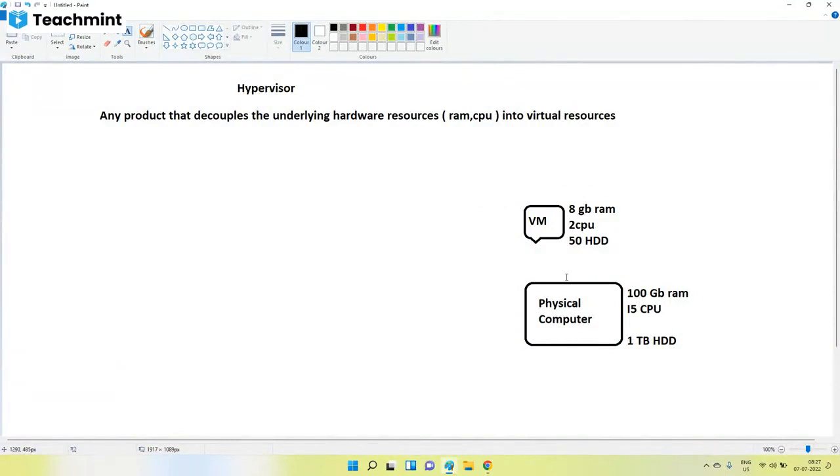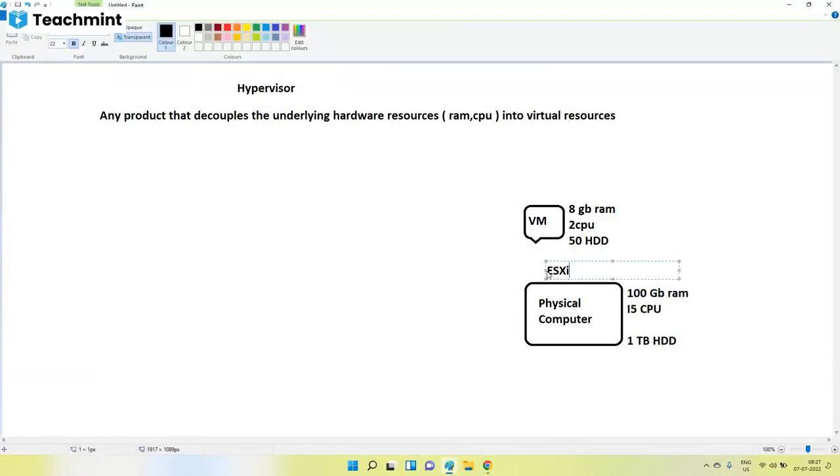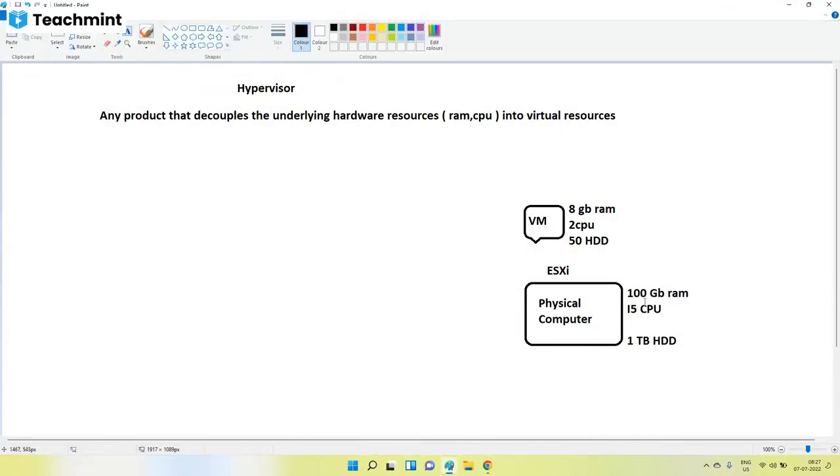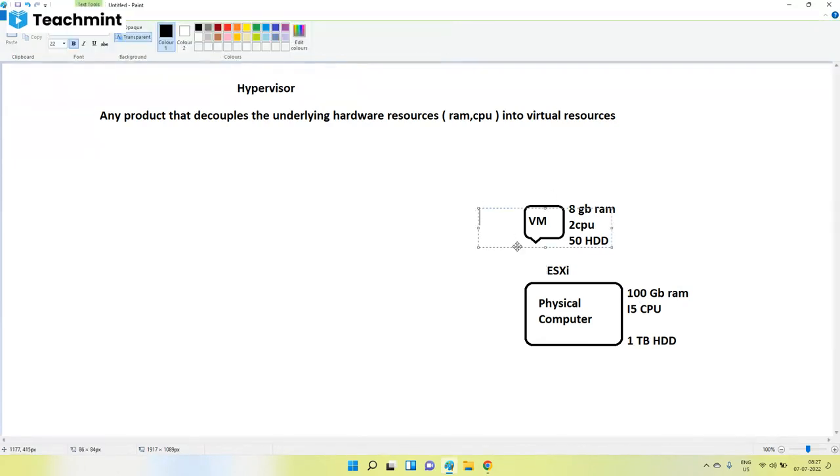So ESXi, in our case, is helping us to split these resources from physical resources into virtual resources. Whatever resources we assign here are called virtual RAM, virtual CPU, virtual hard disk.